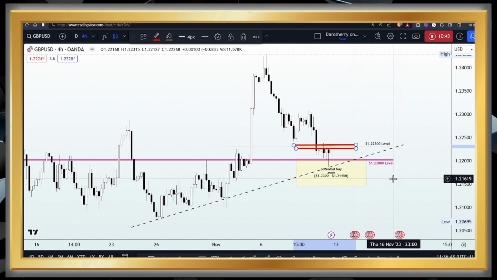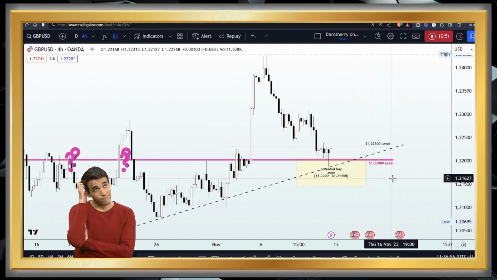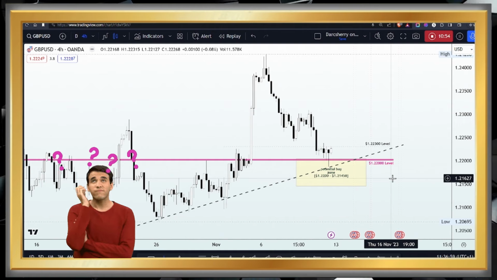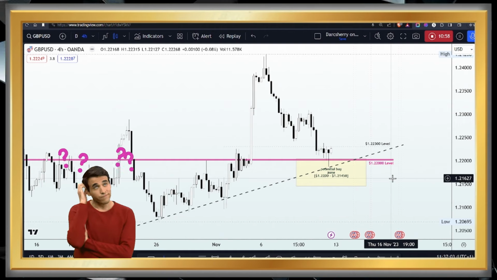However, in as much as we're looking out for buying opportunities, you know how we do it in this community, we also want to keep tabs on the opposite direction as well. So, what is it that we are going to see on this chart that will make us change our bias from bullish to bearish?